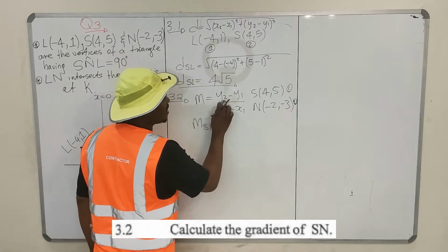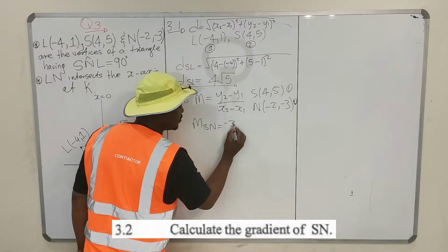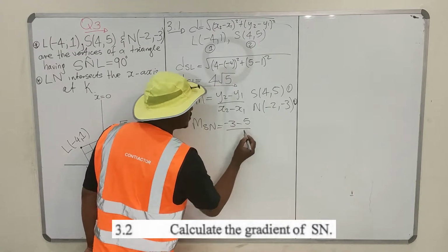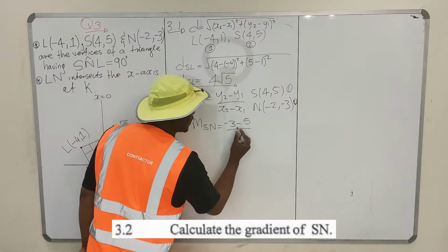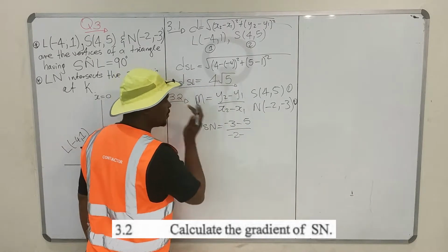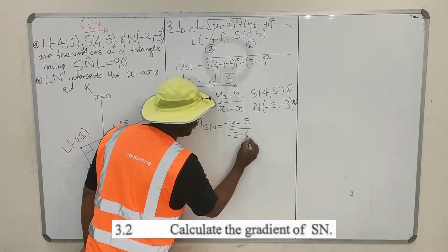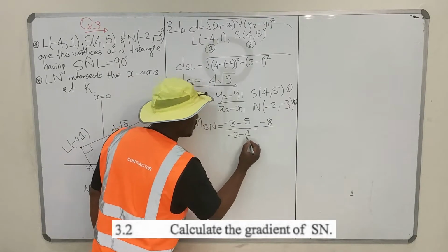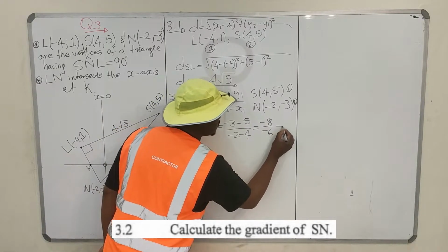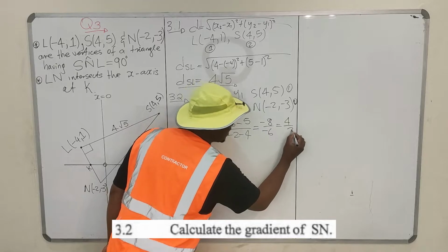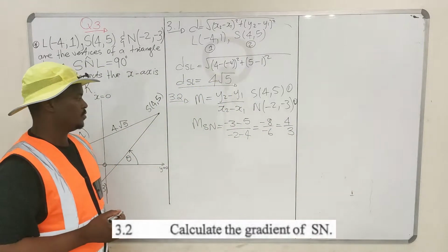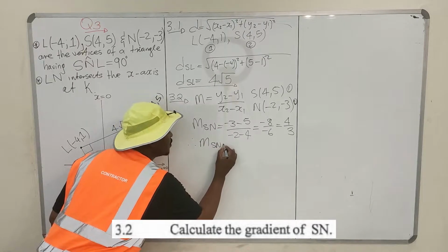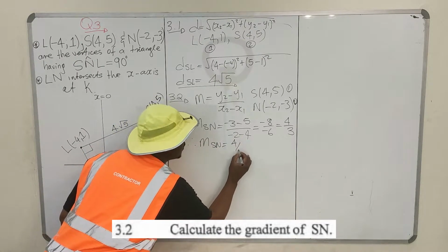Your y number 2 is minus 3, minus y number 1, which is 5, divided by x number 2, which is minus 2, minus x number 1, which is 4. So this comes out as minus 8 over minus 6. So this is 4 over 3 in simple terms. Therefore, your gradient of SN is equal to 4 over 3.